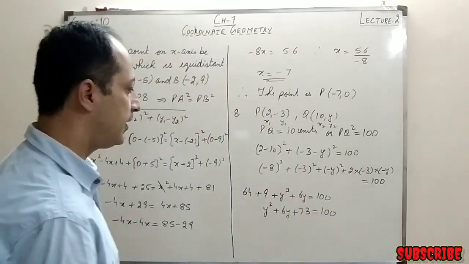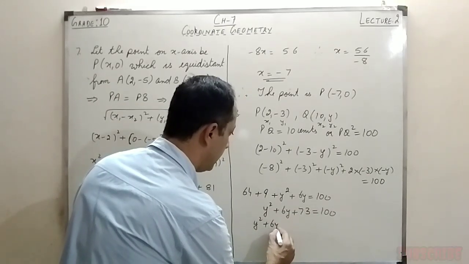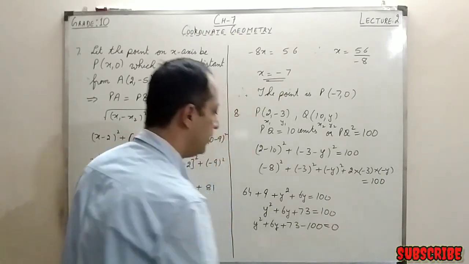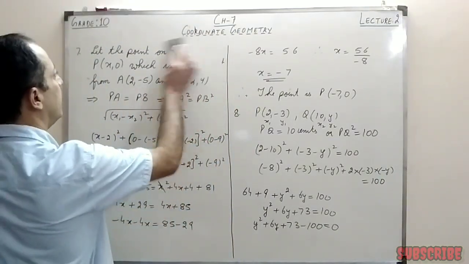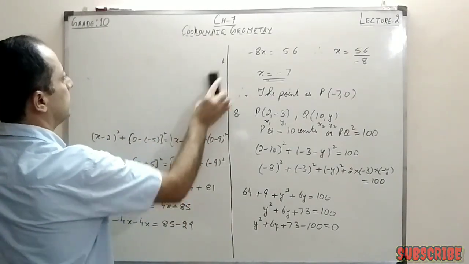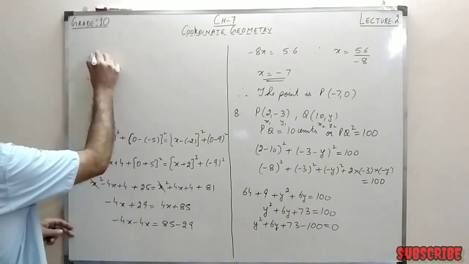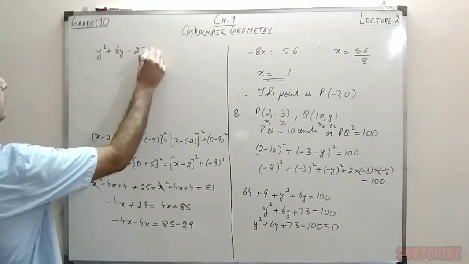Shifting 100 on the left side, what I get is y square plus 6y plus 73 minus 100 equals to 0. Now, the next step would obviously be to simplify this equation. Now, this is y square plus 6y minus 27 equals to 0.